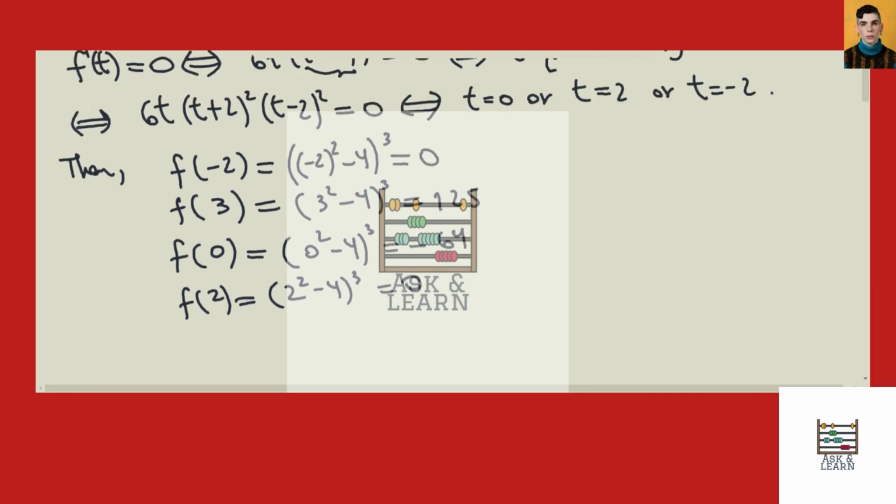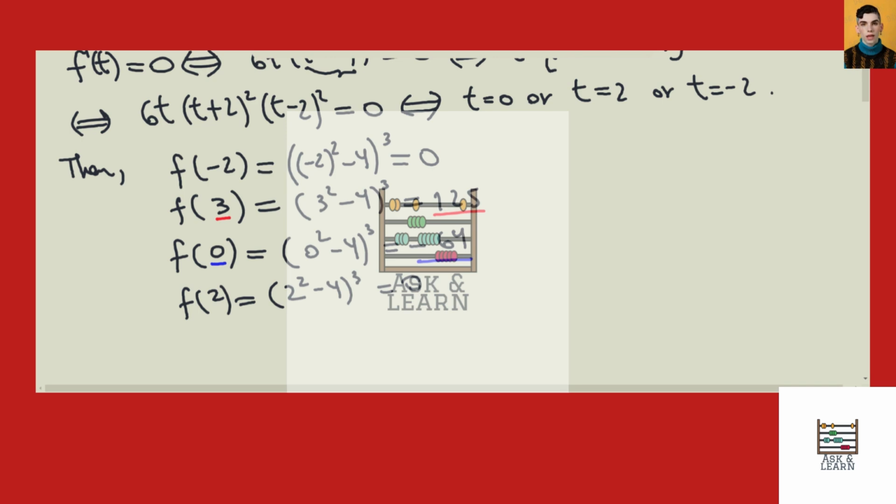So from these four values, we can see that the largest value is 125 at 3, and that's the absolute maximum of the function on the interval [-2, 3], and the lowest value is negative 64 at the critical number 0.